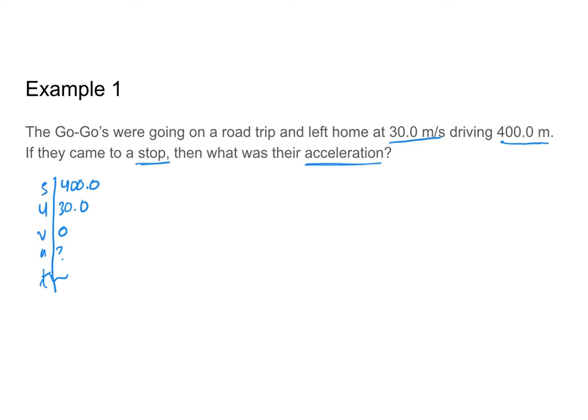To do this, I'm going to use my equation v squared equals u squared plus 2as. Plugging my numbers in, v is 0. That's going to equal 30.0 squared plus 2 times a times 400.0.